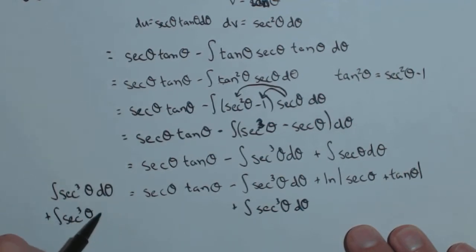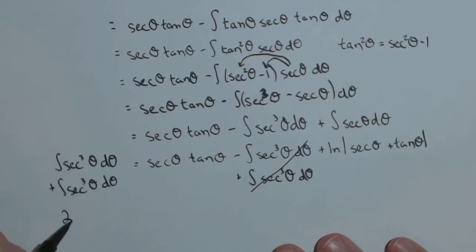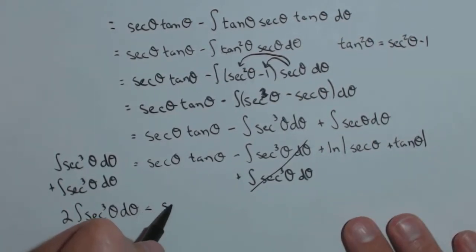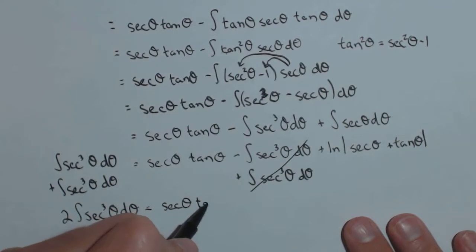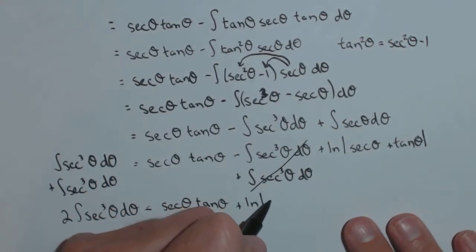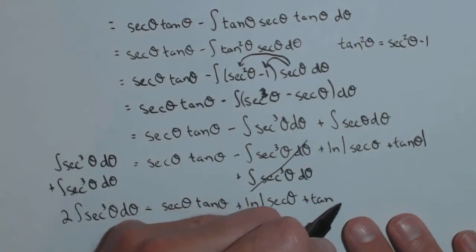This is a really useful trick on some of these, when we start to see them just repeating, because it cancels over here. And so what I end up with over here is 2 times the integral of secant cubed theta d theta equals secant theta tangent theta plus the natural log of the absolute value of secant theta plus tangent theta.